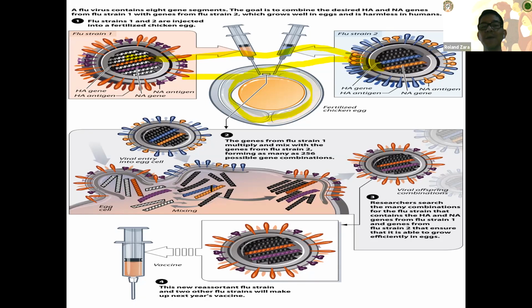This will multiply, the viral multiplication, and they have to add chemical products here in order to inactivate the virus. When it's ready, it can be given to individuals to protect all of us from the flu getting severe.